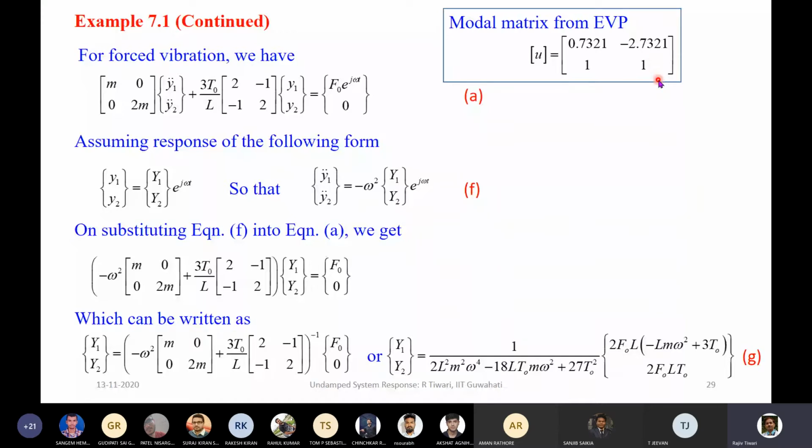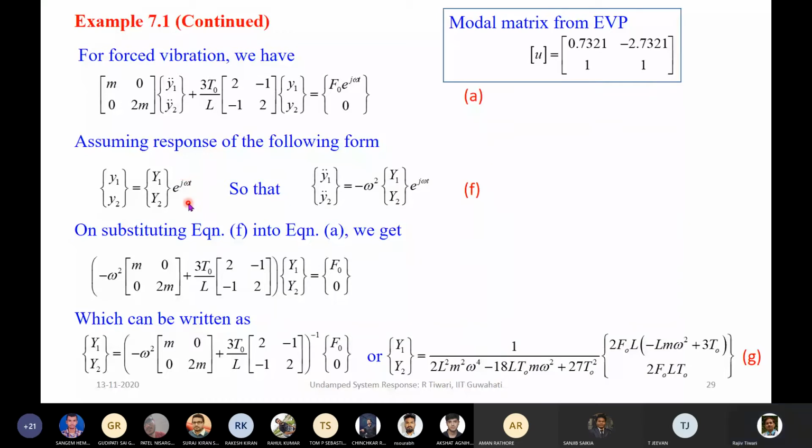So one way is we can directly assume the solution, the forced vibration solution, as amplitude and the frequency same as the force.